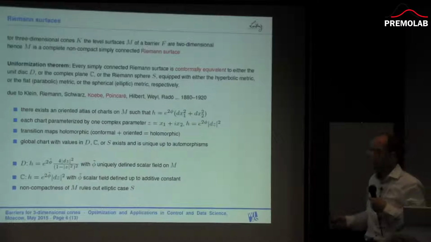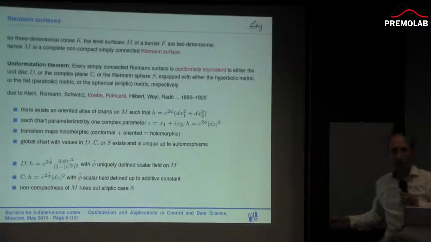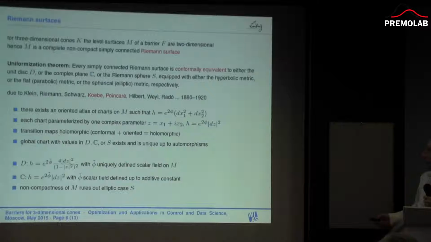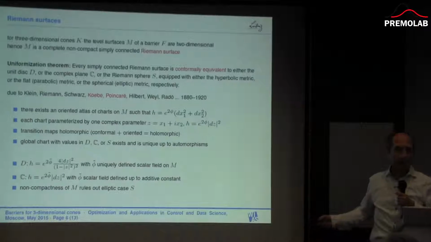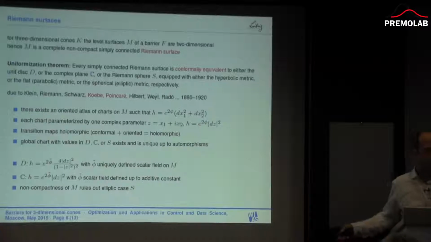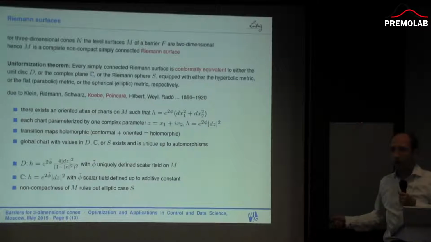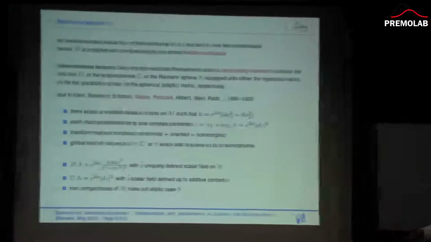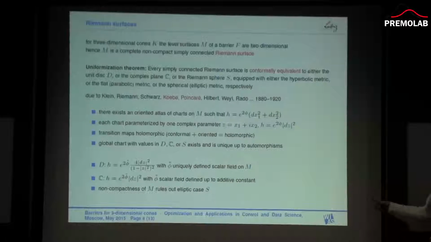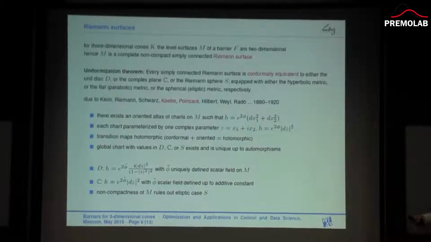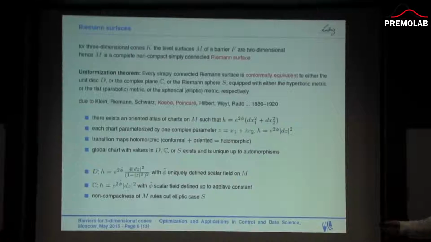So either the unit disk in a complex plane equipped with the hyperbolic metric, so just hyperbolic space, or the complex plane itself equipped with the flat metric, or the Riemann sphere equipped with its usual positive curved metric.